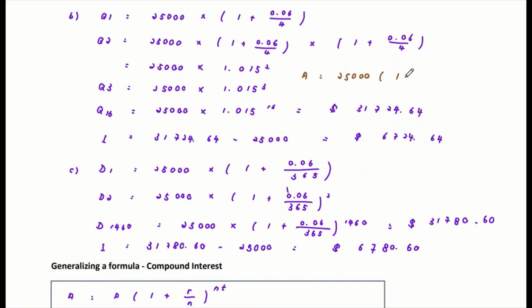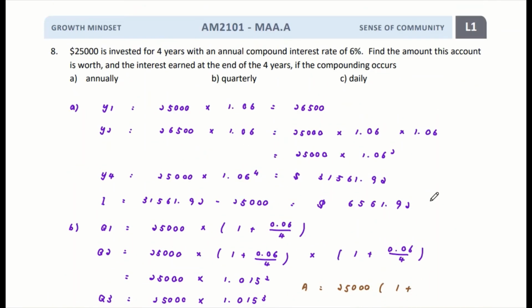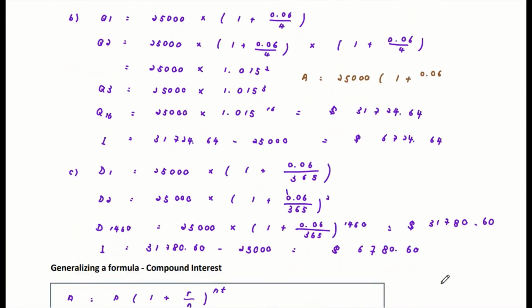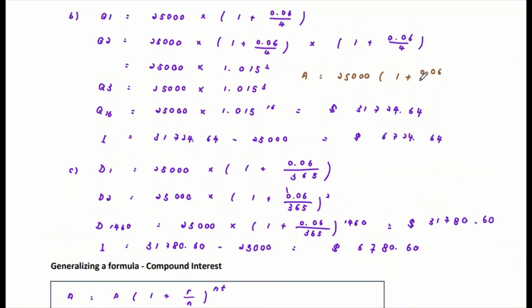And then 1 plus R, the interest rate given by this question, which is 0.06, right? So 0.06 divided by N, how many times you compound in a year? In this one, we do quarterly, so divide by 4. And then the NT here is how many times you compounded per year and how many years, which is 4 years. So that's why you get exactly the same thing as what we have here.